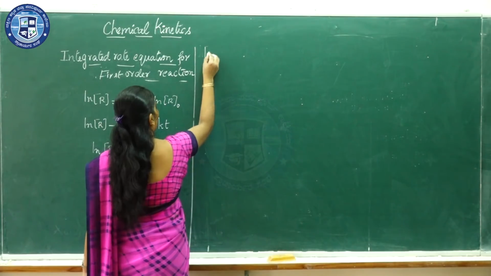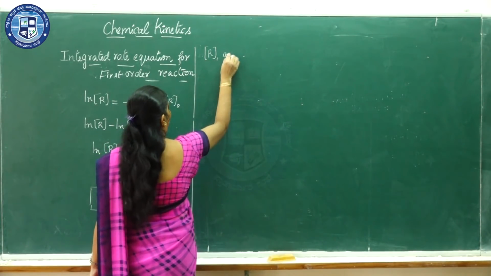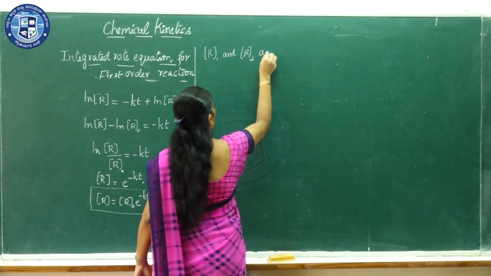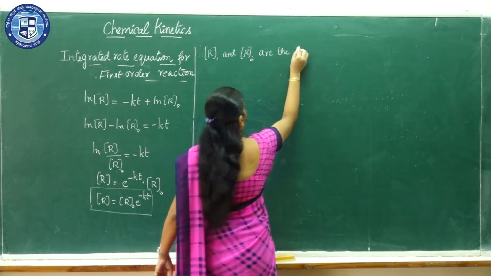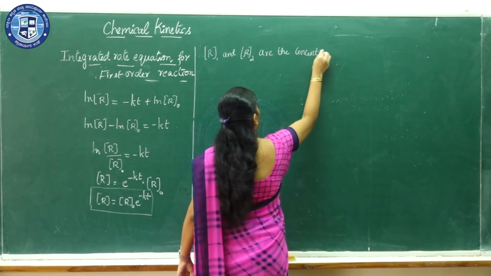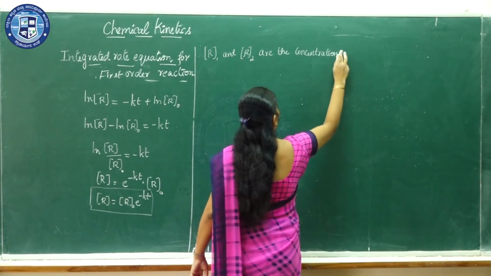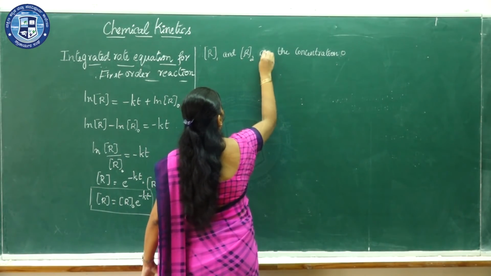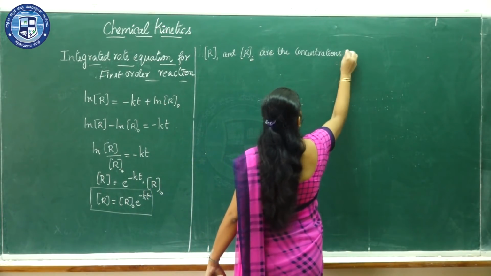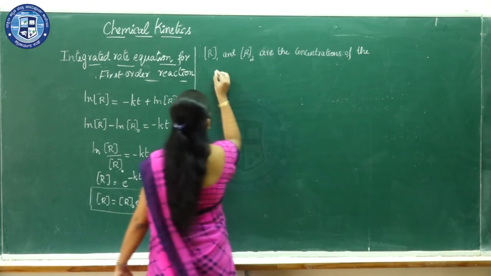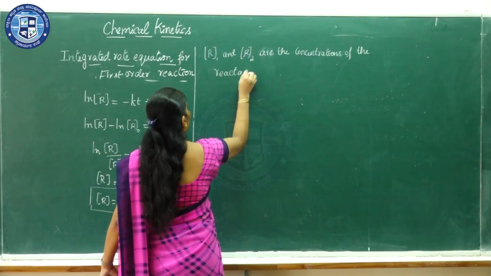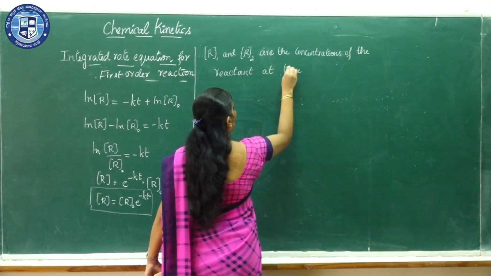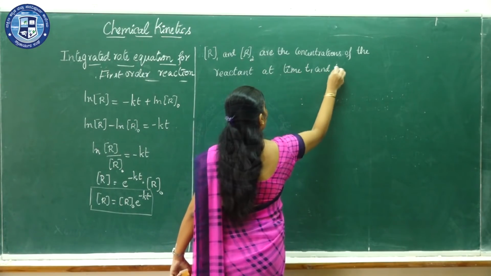Supposing you consider R1 and R2, these are the concentrations of the reactant at times T1 and T2.